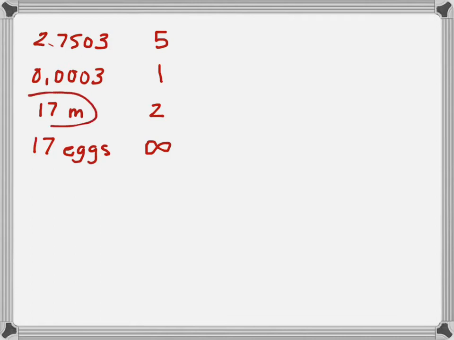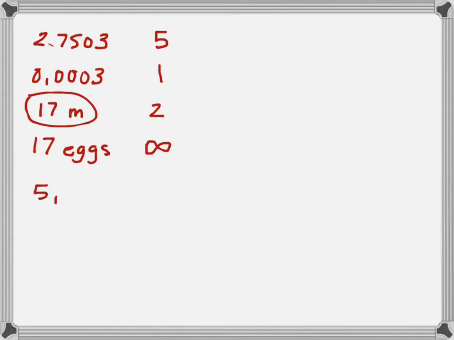But with this one, just because it happens to be a whole number does not mean it's exact. You have to look at the unit and see, well, was that counting or was that measured? 17 meters, I took a meter stick or something and I measured, and it was kind of a rough measurement, and it's just to the nearest meter. It doesn't mean it's an exact number.